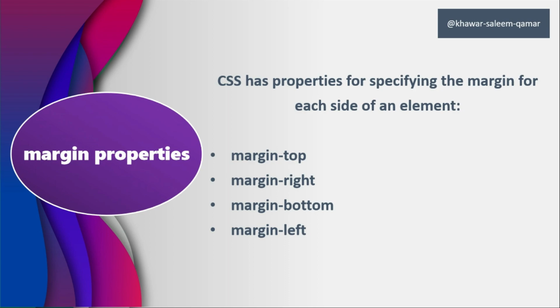If we want to specify it for each side, we can use these four properties: margin-top, margin-right, margin-bottom, and margin-left, to specify the value for each side of our element.